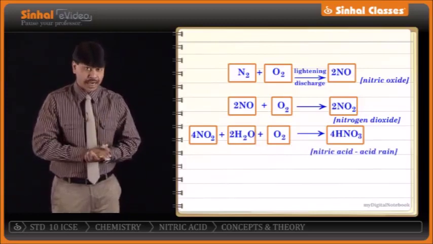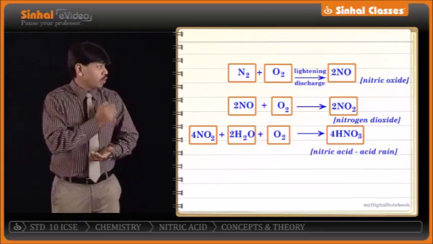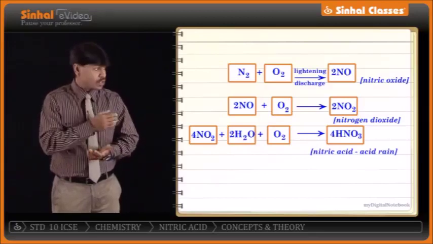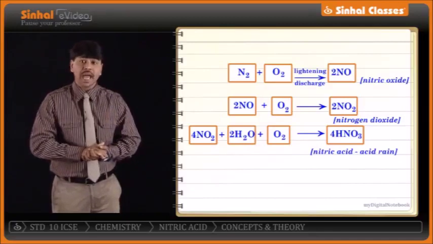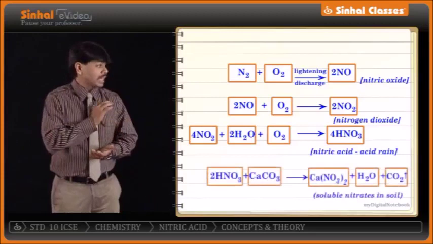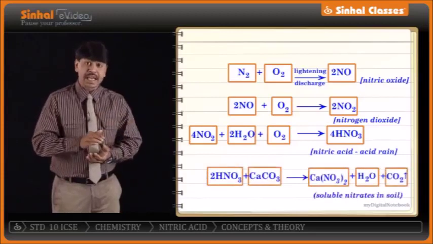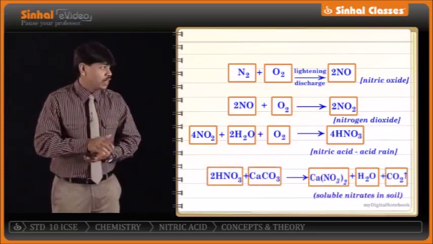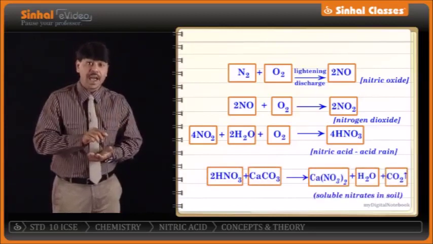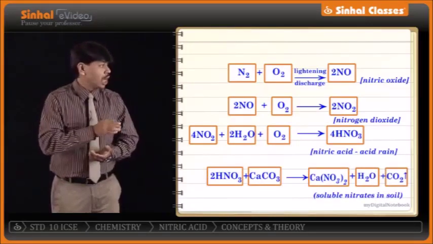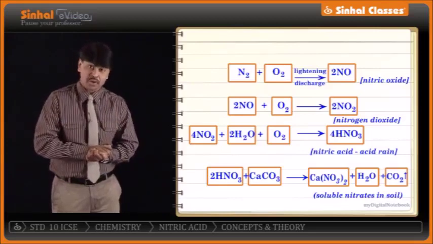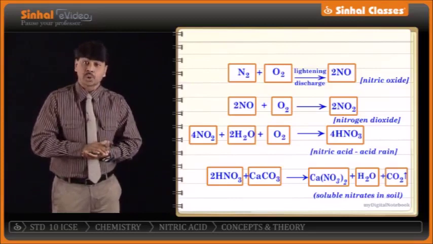The reaction goes like this. 4NO2 will combine with 2H2O plus O2 giving you 4HNO3, which combines with salts like calcium carbonate, that is CaCO3, to give soluble nitrates, that is Ca(NO3)2, along with water, H2O, and carbon dioxide, that is CO2.